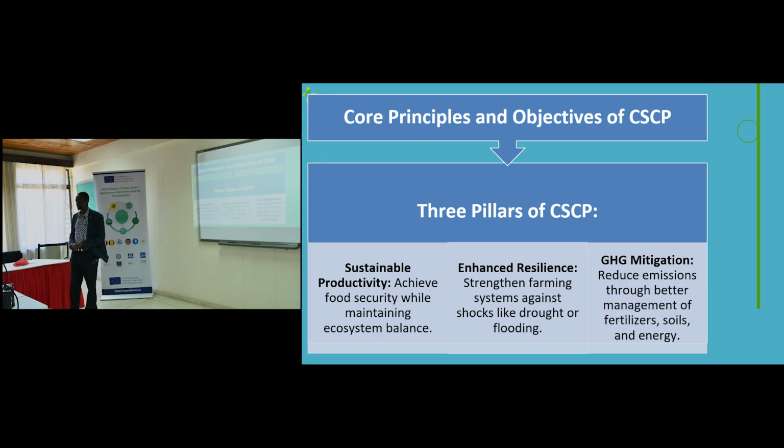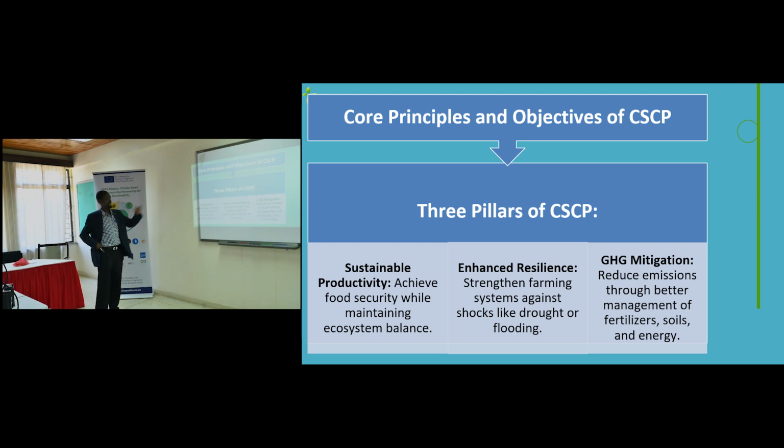We must produce for us to be able to have enough food security. If you don't produce, then we are actually planning to exit as early as it can be. So we have to have sustainable food production. So that is one of the pillars of climate smart production.